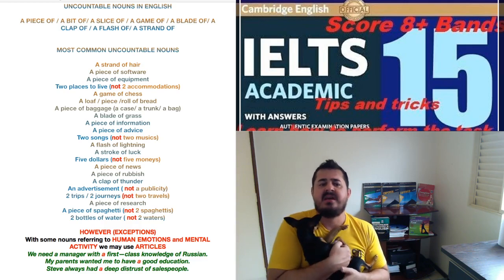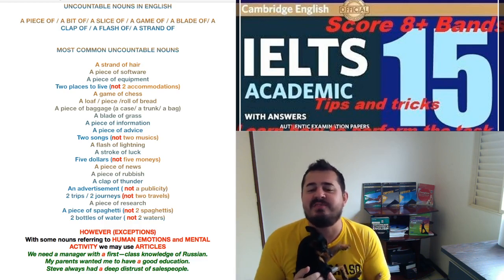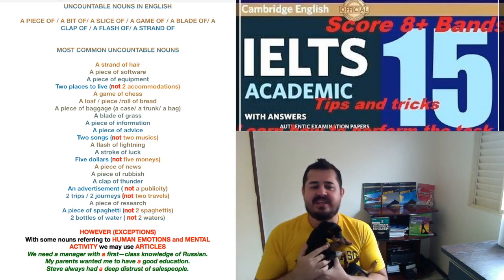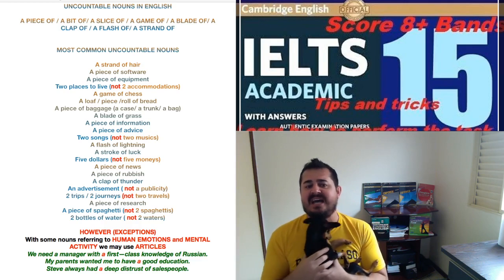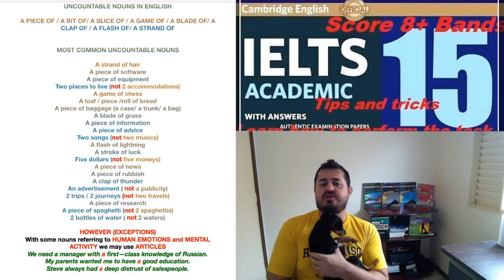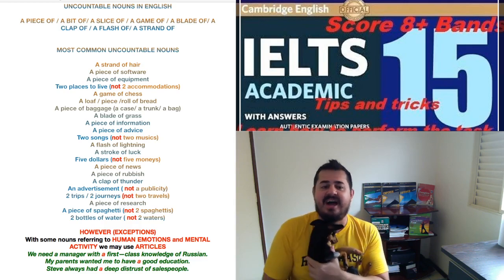You listen to your 2 favorite songs, not to your 2 favorite musics. A flash of lightning, when there is a storm, but you cannot say 2 lightnings or 3 lightnings. A stroke of luck, not I had 2 lucks.